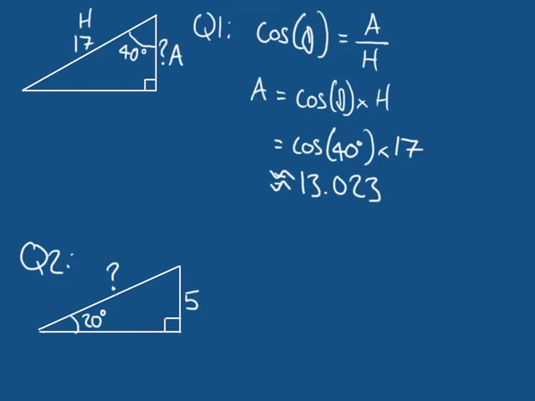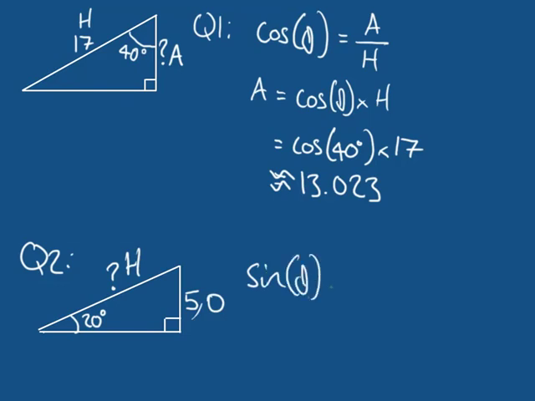Okay, welcome back everyone. So we know our angle's 20 degrees. This edge that we know here is opposite our angle, so this is the opposite edge. And the edge that we're trying to find is opposite the right angle, and that means it's the hypotenuse. So I'm looking for a trigonometric ratio that relates our angle to the opposite edge and the hypotenuse. There's only one ratio that does that, and that's the sine ratio.